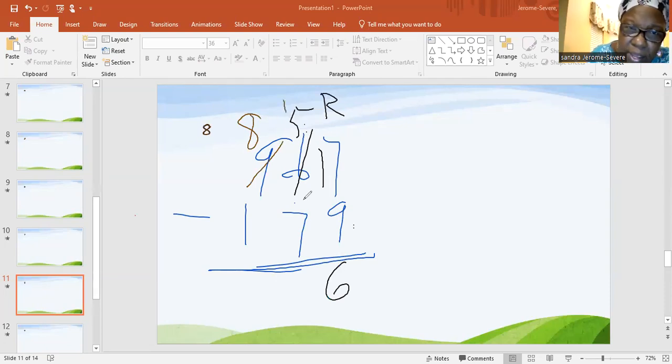You put it right here. So that becomes 15. 15 take away 7, you count up 7, 8, 9, 10, 11, 12, 13, 14, 15, which is 8. And 8 take away 1 is 7.